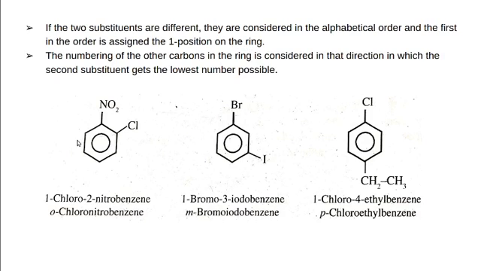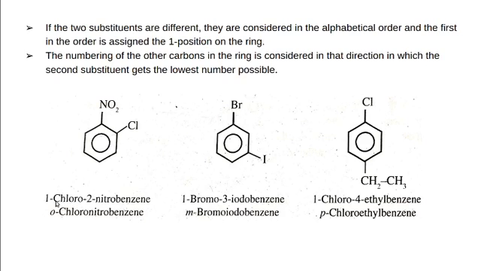In this case there are two substituents, a nitro group and a chloro group. In the naming, chloro starts with the letter C, but in the case of the nitro group, the first letter is N. So which should come first in alphabetical order?